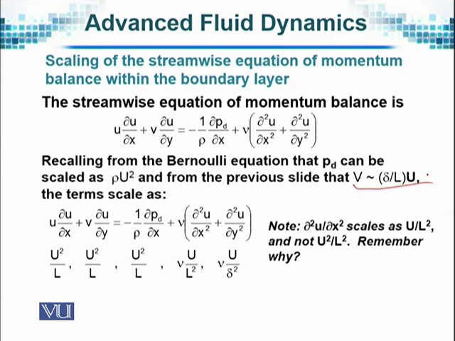And we have already seen in our last slide that the velocity component V is of the order of delta over L times U. So substituting these values into the equation of motion in the x direction, we will have the dimensions of each component as shown here: U squared over L. The second term will again be of the order of U squared over L. This term refers to the dynamic pressure, and the first part of the viscous term will be of the order of nu U over L squared.